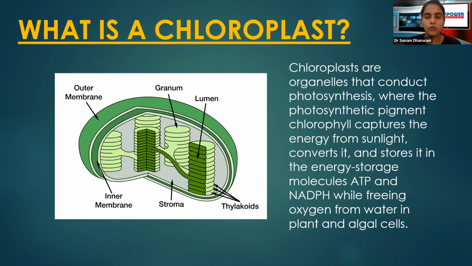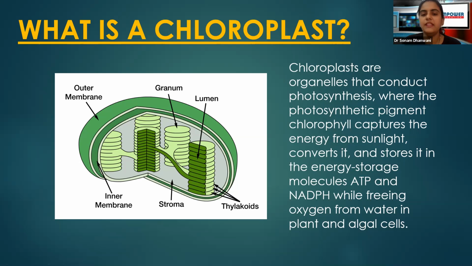And what is the grana or granum containing? It is containing a number of thylakoids. Those coin like structures or disc like structures that you see here are known as thylakoids. ये एक एक single structure है. And they are joining up to form this pile which we are calling the grana or granum.